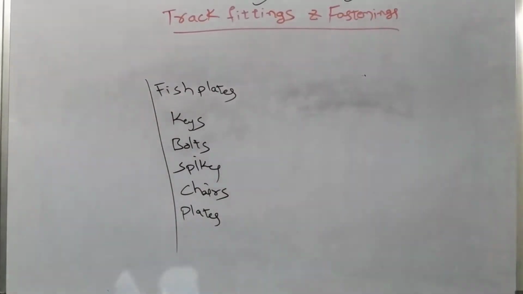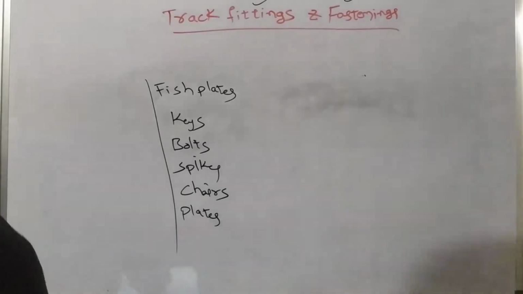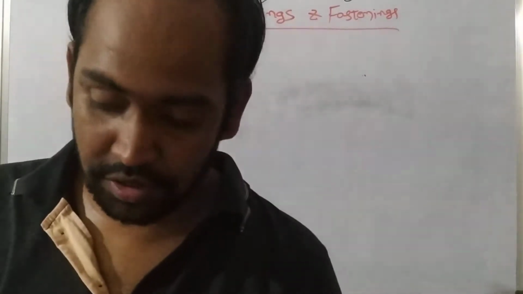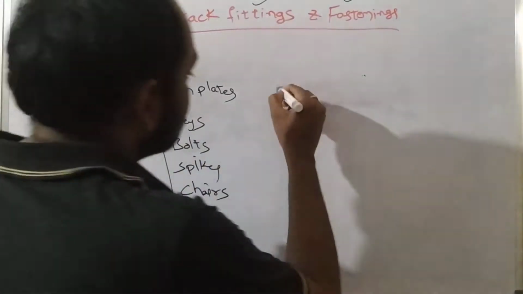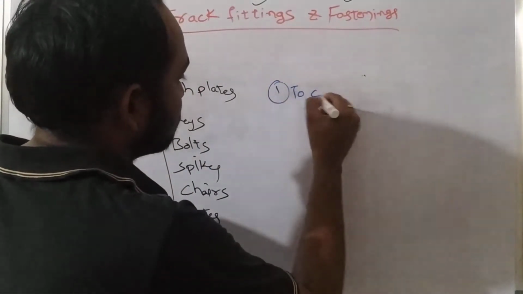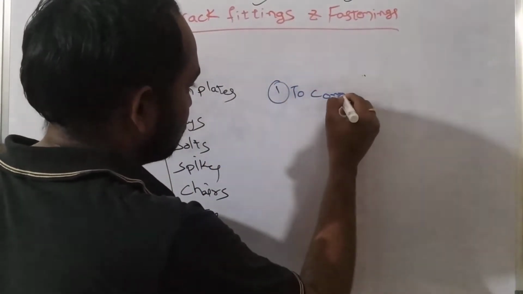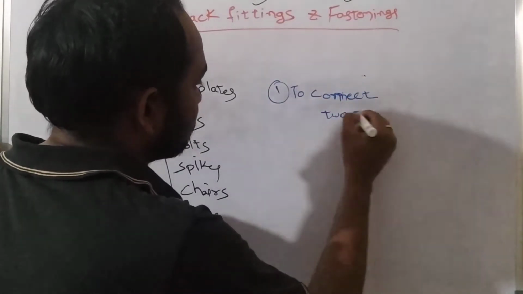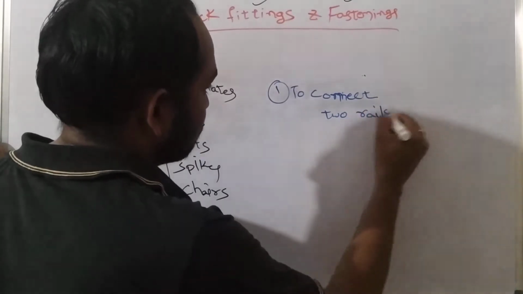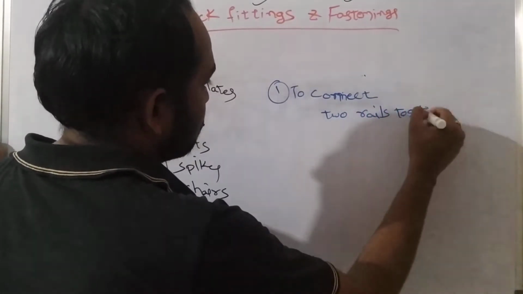Understand? So in case of track fittings we need to consider especially three cases. First one is to connect two rails together. Understand or no?